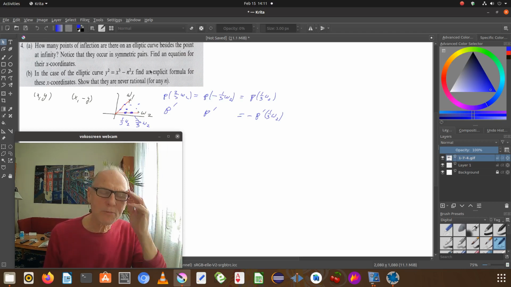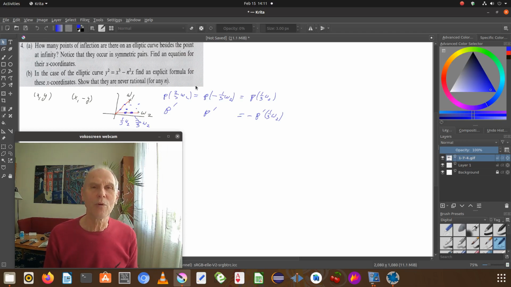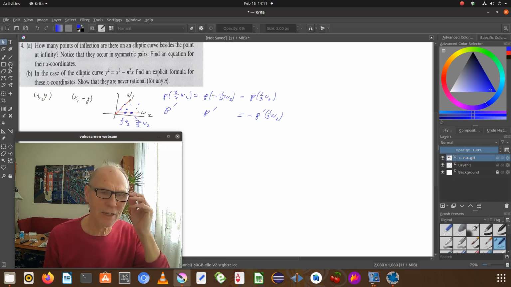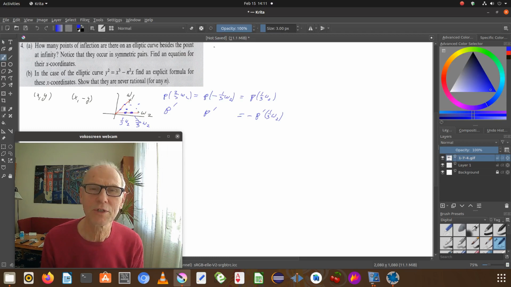But I also spent some time on the net looking for ways to find inflection points. And they only had the answer that I was taught with parametric curves.